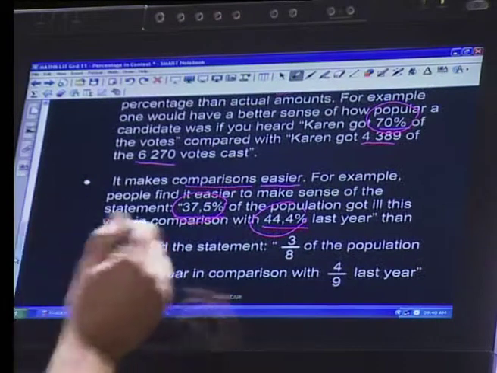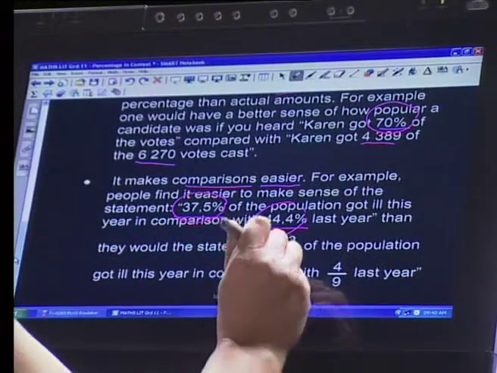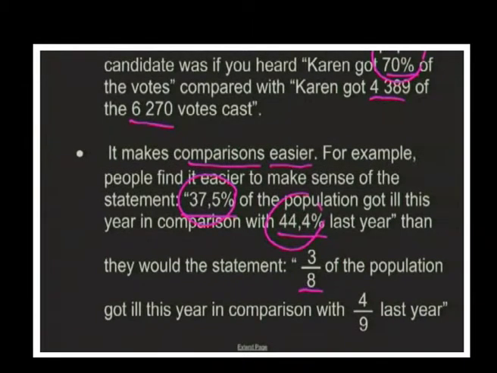But had I been looking at the statement and said 3/8 of the population got ill this year compared to 4/9 last year, I'm totally lost. I've got no idea which is the bigger amount. So when dealing with percentage and comparisons, it's a whole lot easier. And remember that fact, if they ever ask you in a test or in an exam or in an exercise to compare two sets of data, you normally have to take it to a percentage because it's easier to compare.